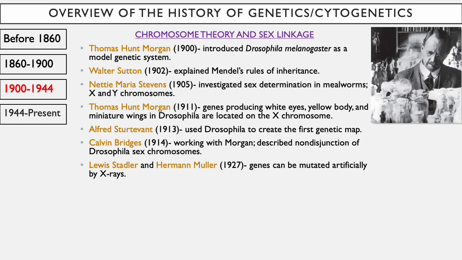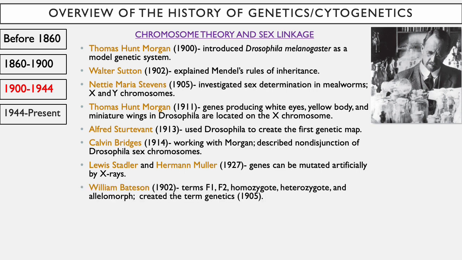Lewis Stadler and Hermann Muller discovered that genes can be mutated artificially by X-rays. William Bateson used the terms F1, F2, homozygote, heterozygote, and allelomorph, and created the term genetics.